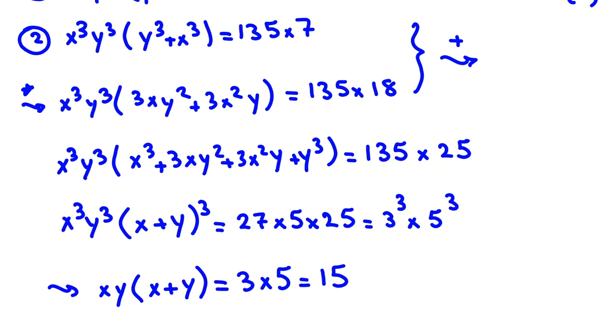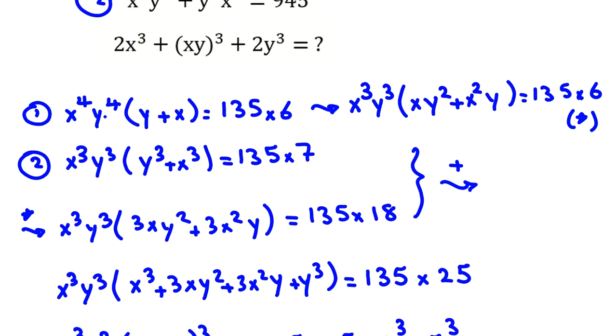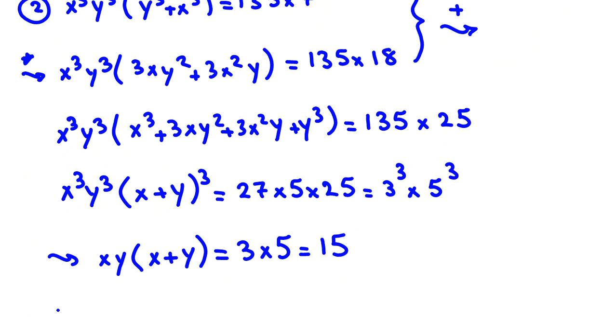Okay, now we want to use first equation that we have here, x cubed y cubed, and okay, from first one, x cubed y cubed times x plus y was what?